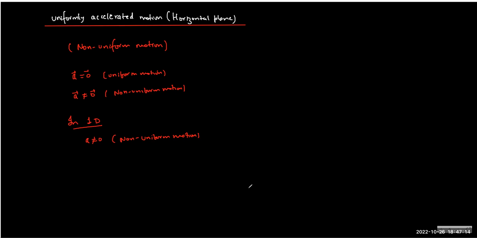Right now we are going to solve some of the basic problems of one dimension. So when a is constant, we call it uniformly accelerated motion.